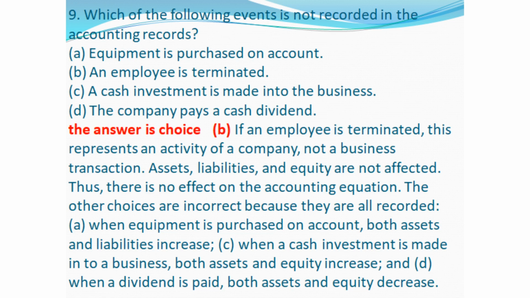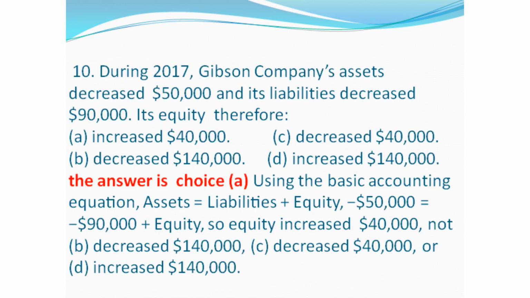The other choices are incorrect because they are all recorded. A. When equipment is purchased on account, both assets and liabilities increase. C. When a cash investment is made into a business, both assets and equity increase. And D. When a dividend is paid, both assets and equity decrease.